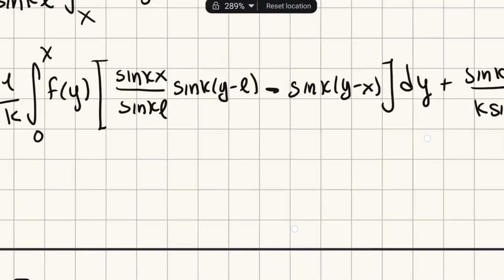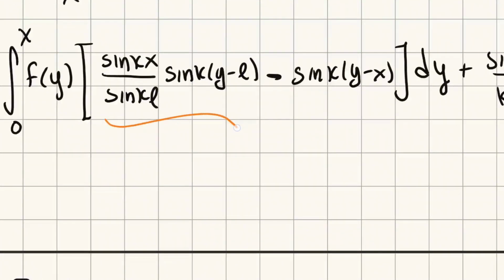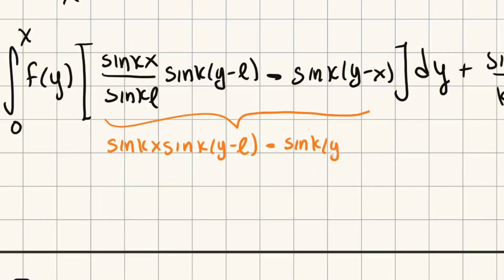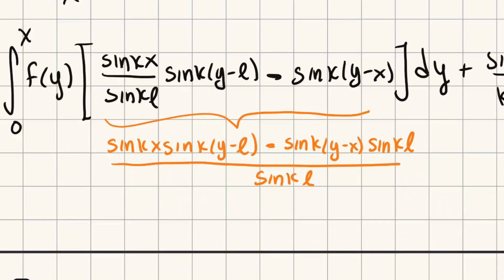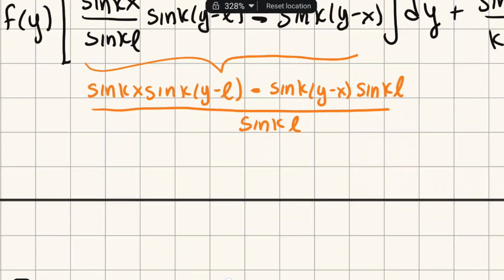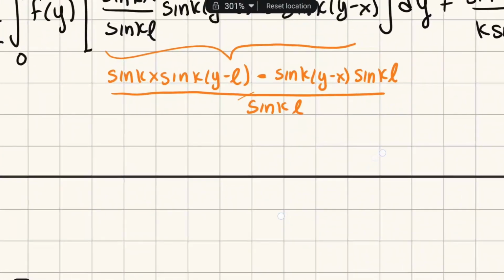So we are going to notice this element that we have here. We can see that this can be seen as sine kx sine ky minus l minus sine ky minus x times sine kl, all divided by sine kl. Okay, so we can immediately notice that these elements can be split by the trigonometric identity that we have been using all the video.